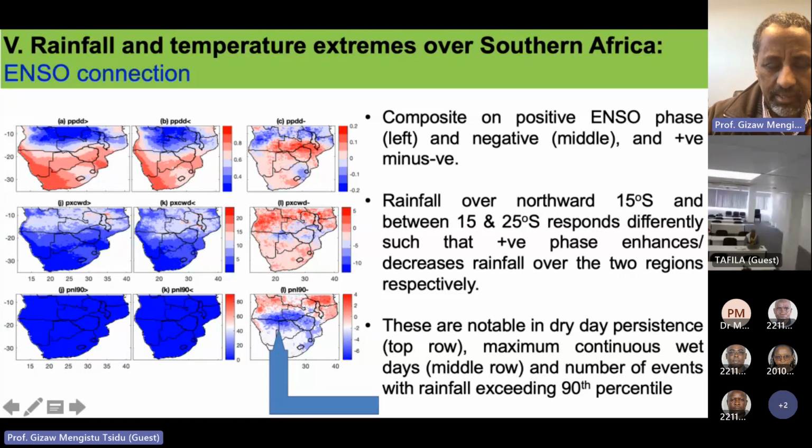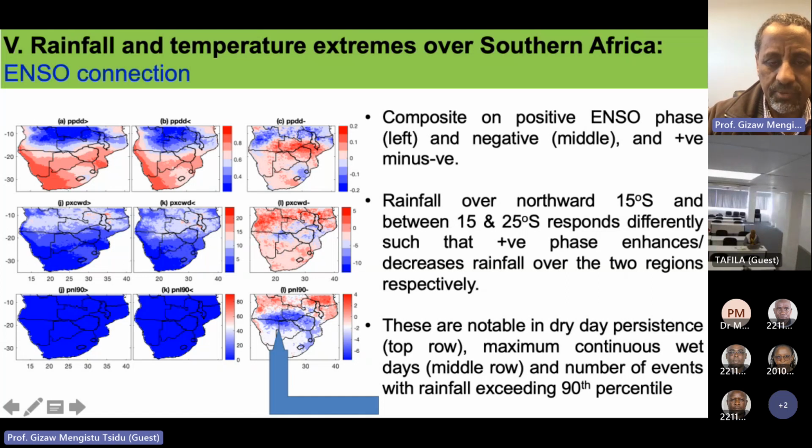So there is again a different response to different phases of ENSO. So you cannot generalize that El Nino is a dry period and La Nina is a wet period. The response depends on the region, for various reasons. Of course, one has to explore why they respond differently.